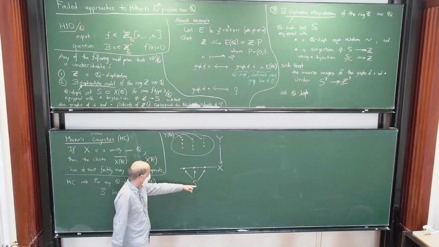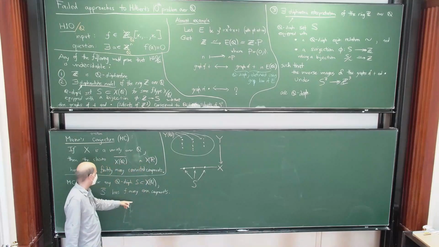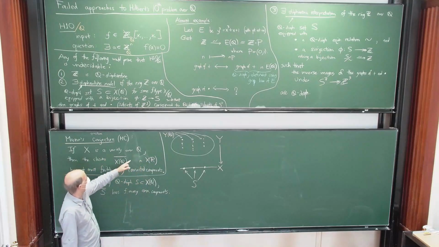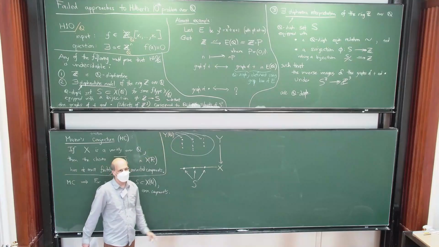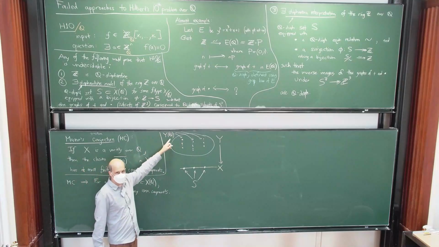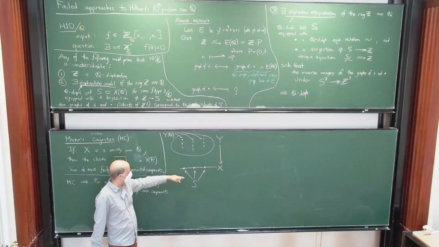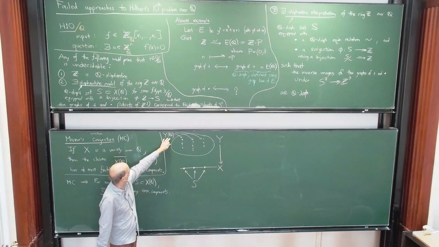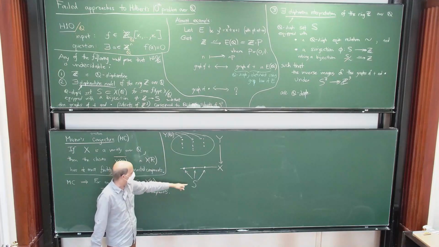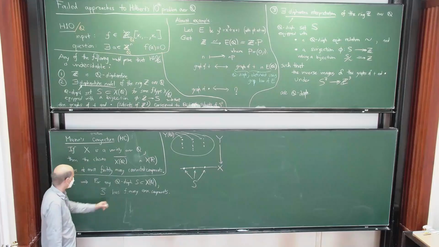Therefore, if S bar has infinitely many connected components, then so will Y(Q) bar. But if you know Mazur's conjecture for Y, then that's not possible. So Mazur's conjecture saying that Y(Q) bar has finitely many connected components implies that S bar also has finitely many connected components.